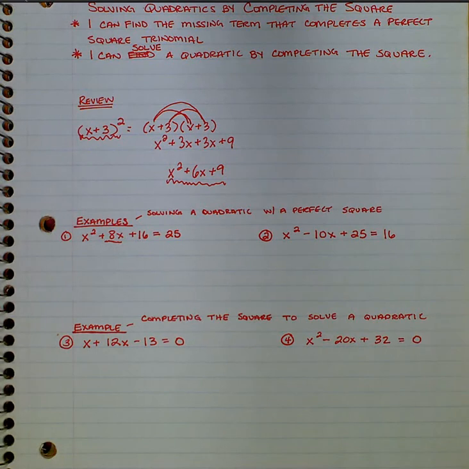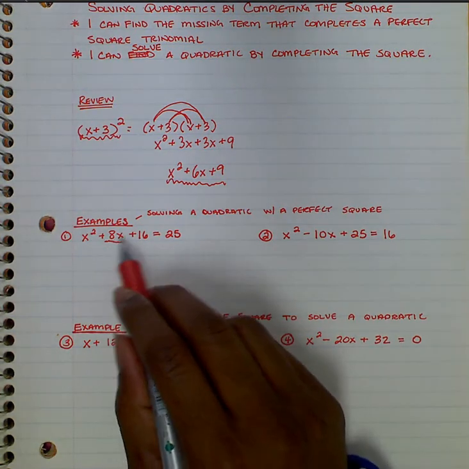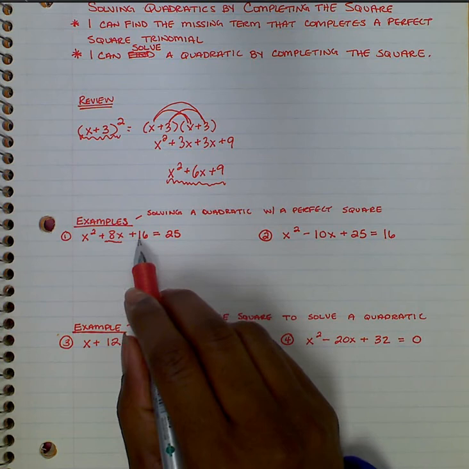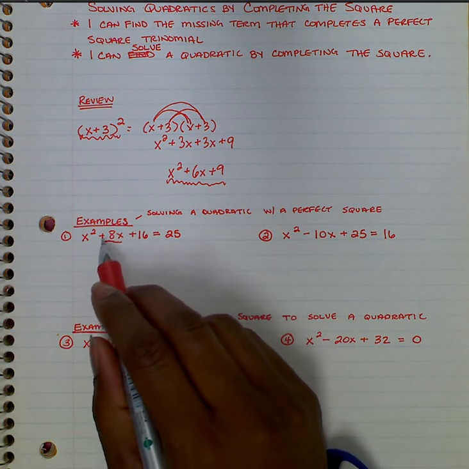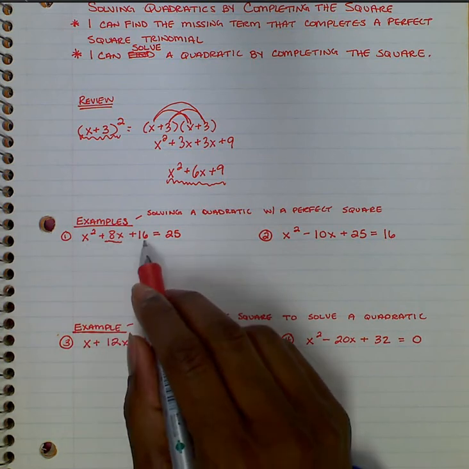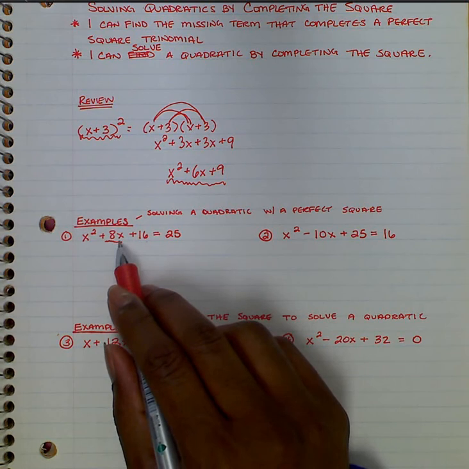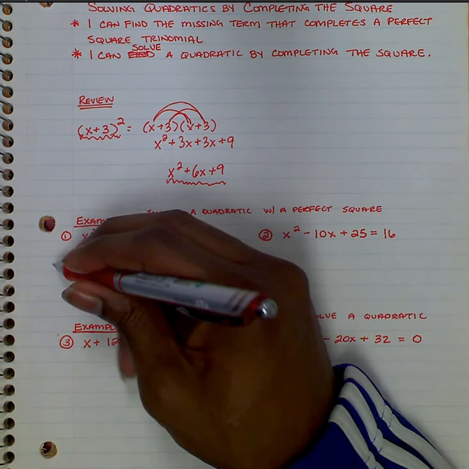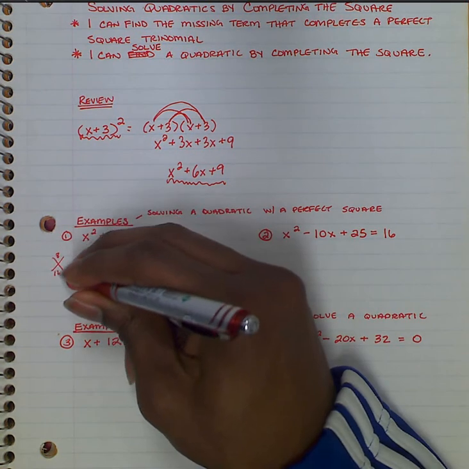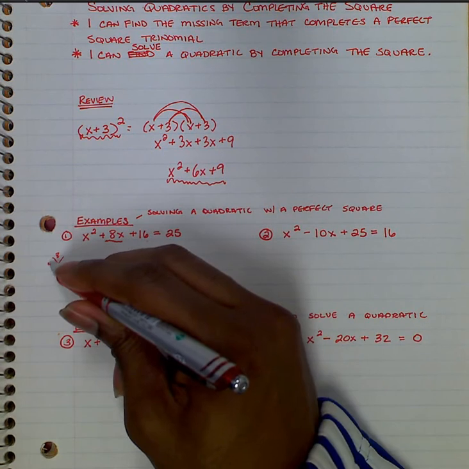Now, we should probably lean towards factoring this because we can factor it. If we do try to factor it, I want you to notice that this is a perfect square trinomial. We would try to find two numbers that multiply to give us 16, and at the same time add to give us 8. Those two numbers would be 4 and 4.